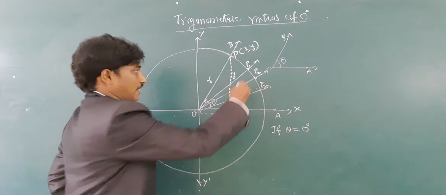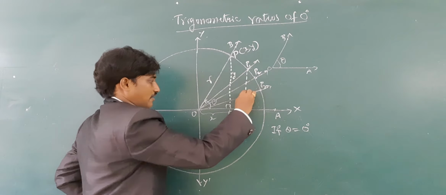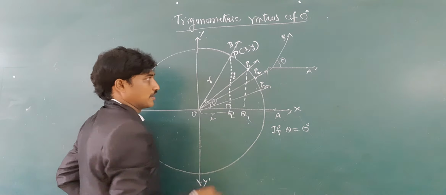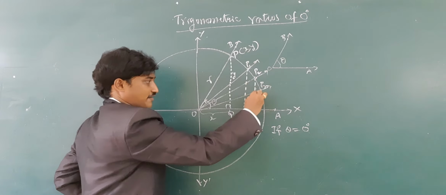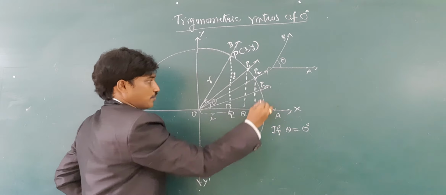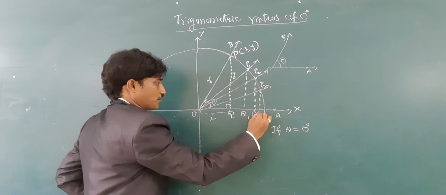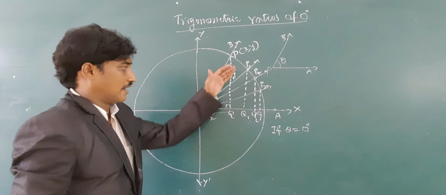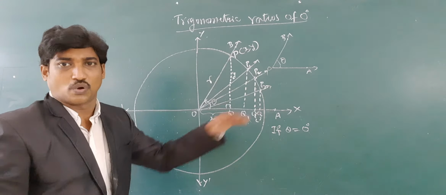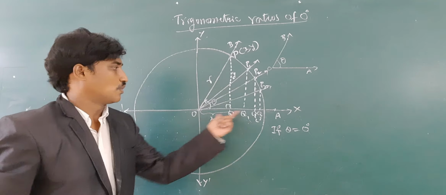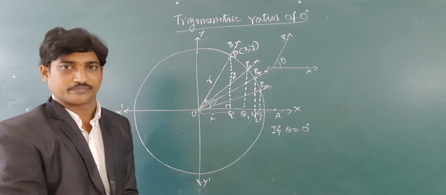PQ length decreases as P1Q1, decreases some more to P2Q2, next P2Q3, like it comes close to OX.